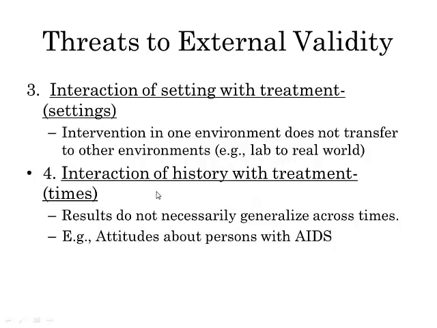Another threat to external validity would be interaction of setting with treatment, and this is a settings issue. Interventions in one environment do not necessarily transfer to other environments. So for example, if you're bringing people into a laboratory and you're doing some intervention in a clinic or something like that, you may get results that are different from how people actually act in the real world.